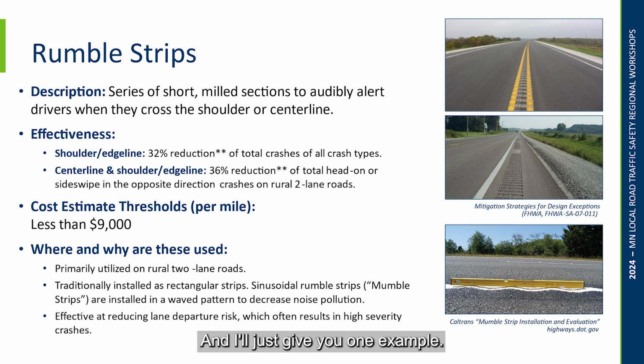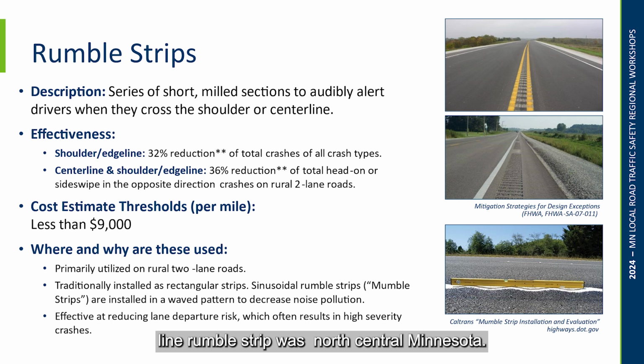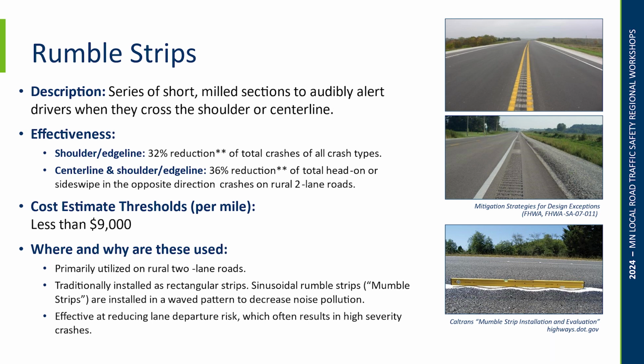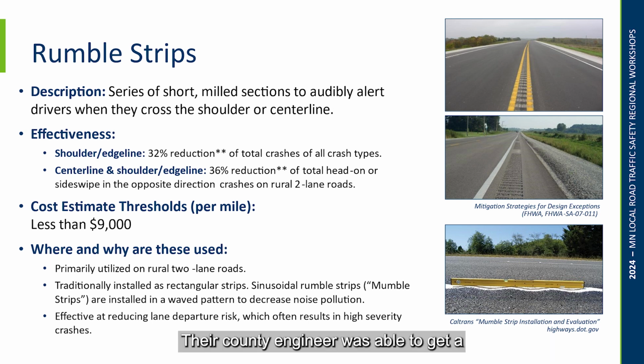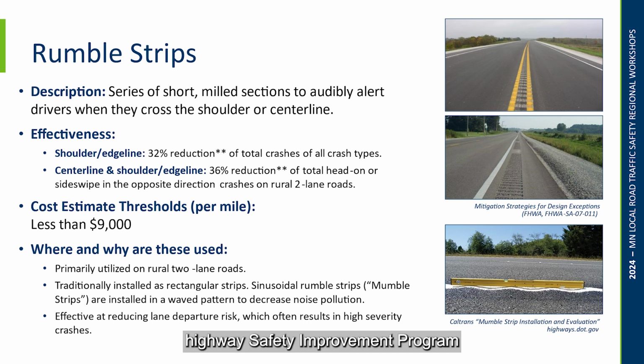And I'll just give you one example. One of the early implementers of an edgeline rumble strip was North Central Minnesota. Their county engineer was able to get a highway safety improvement program grant to do rural rumbles, and he selected a road as his number one priority.